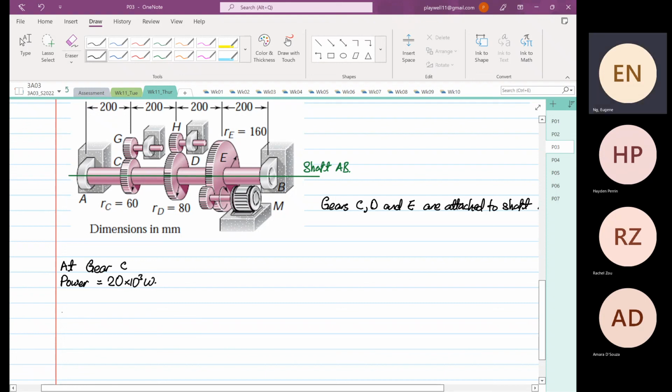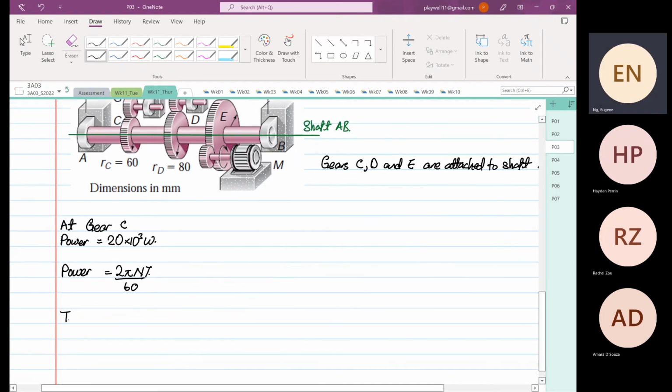Okay, so we apply the formula power is equal to 2 pi nt over 60. So the torque at gear C is equal to 20 times 10 to the power 3 multiplied by 60 divided by 2 pi, and the RPM is 480.